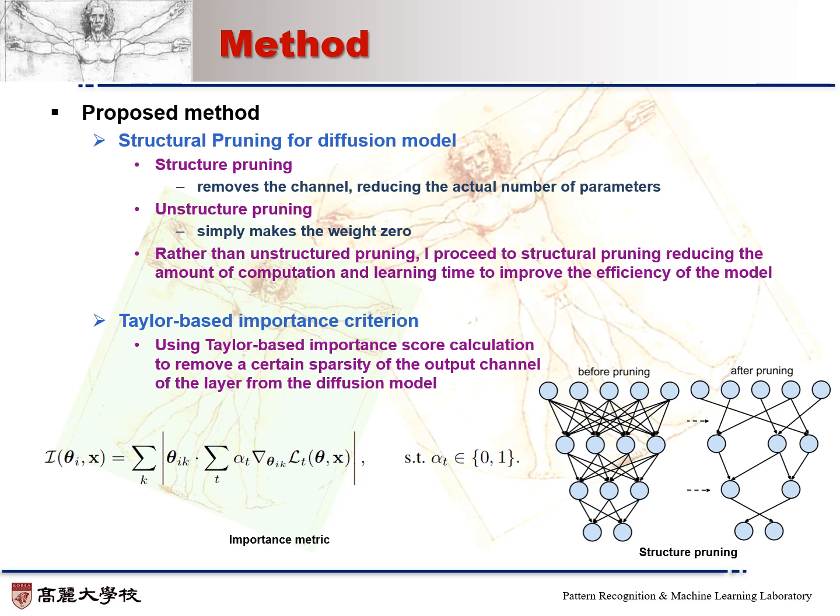Specifically, as shown in the formula, I calculate the first-order Taylor expansion of the loss with respect to the parameters, averaging over the contributions across layers and time steps. The pruning process then removes channels that are deemed less important, effectively introducing sparsity in the output channels of the diffusion model.